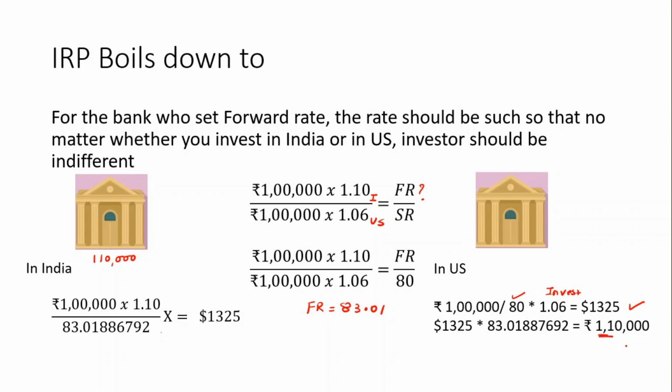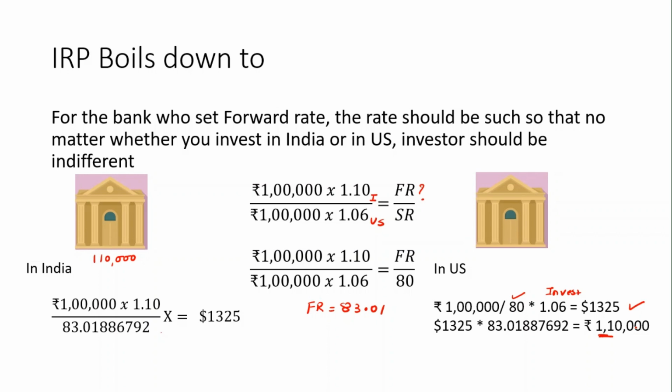So in Indian rupees, it is still again boiling down to 110,000. So 110,000 in India or 110,000 in United States. In both situations, neither the Indian investor will move to US nor the US investor will move to India. And in that way, interest rate parity will be there because there is no arbitrage. And when there is no arbitrage, you will say that the currency is free from any sort of high volatility.